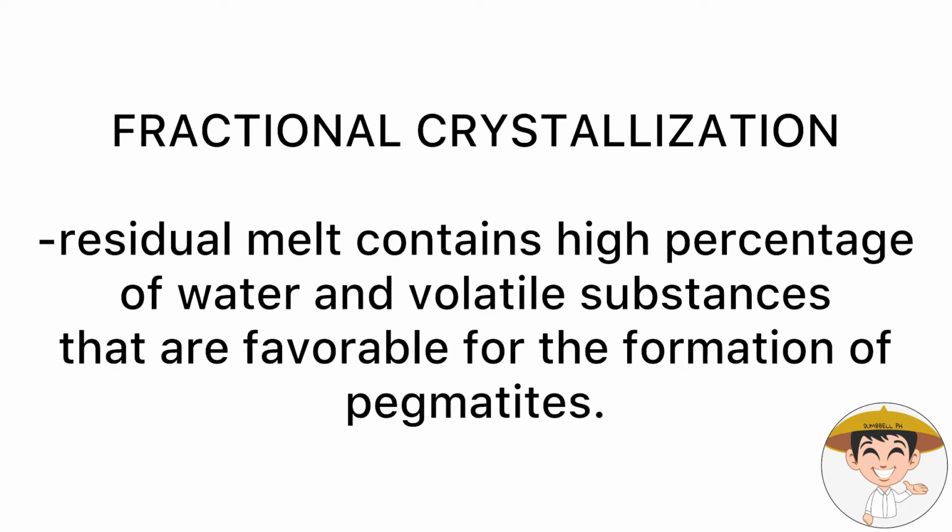Most of these pegmatites are granitic, so they are enriched with lithium, gold, boron, and some rare elements and other heavy metals. The fractional crystallization of granitic magmas can concentrate rare earth elements such as cesium and uranium and heavy metals.